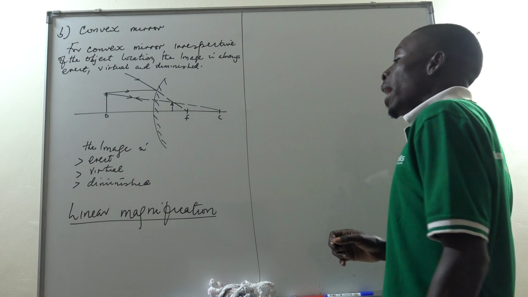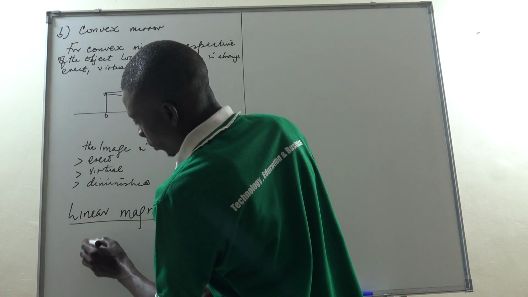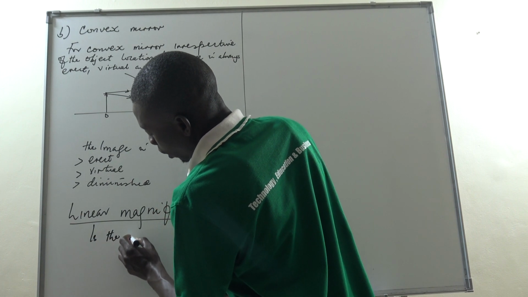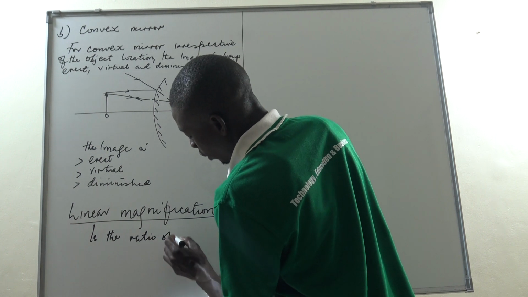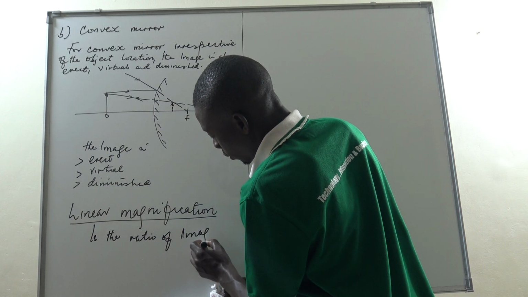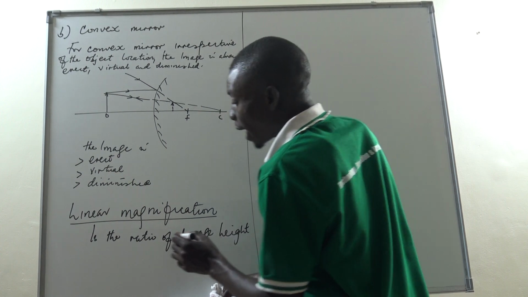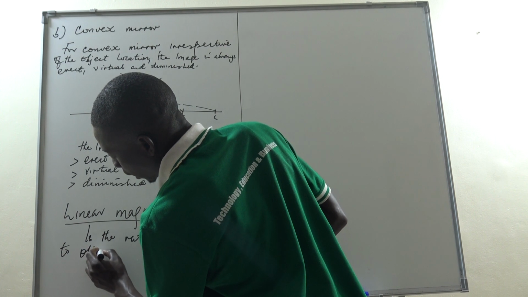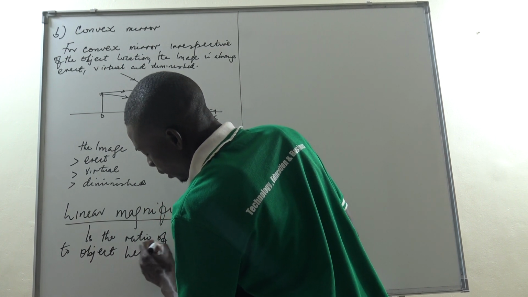As for now, let's first look at the linear magnification. What is linear magnification? We can say linear magnification is the ratio of image height to object height. Isn't it?